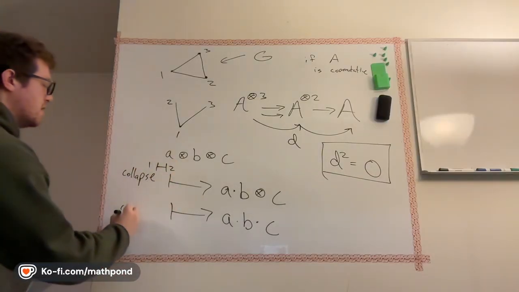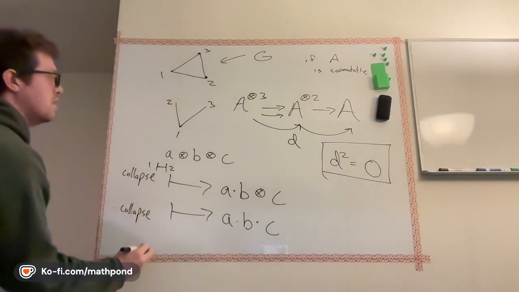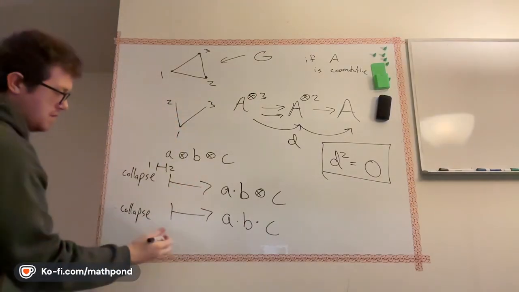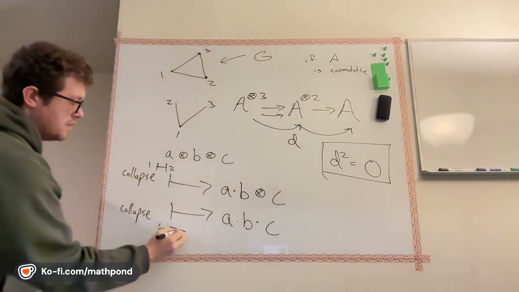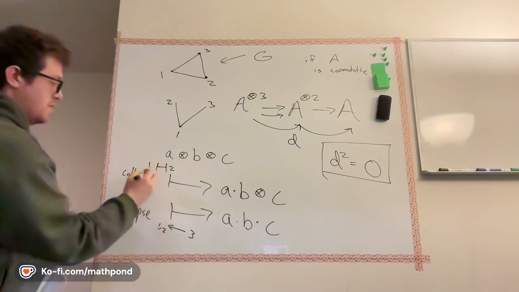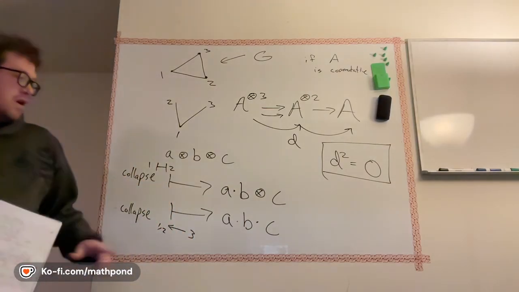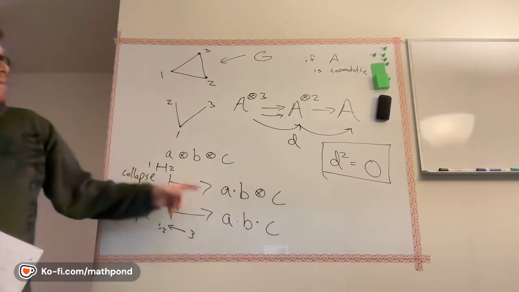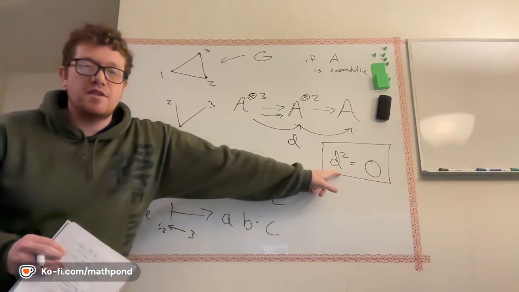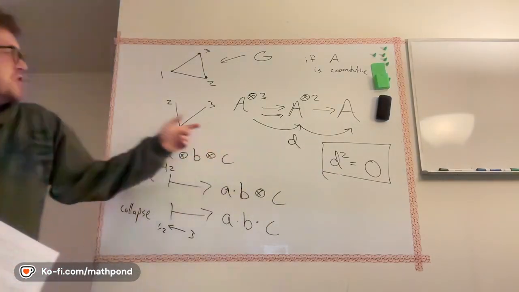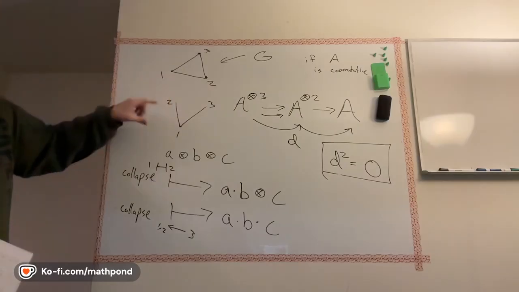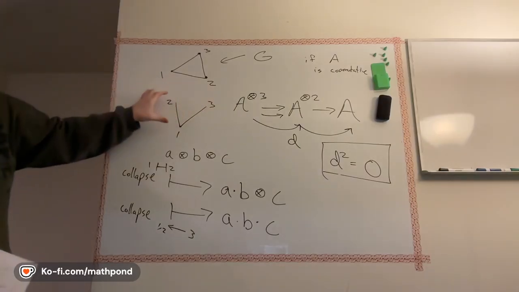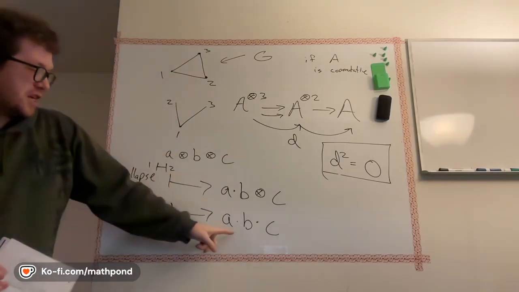And then this is collapse 3 into 1, 2. Right, so then in the end we get ABC, and in order for d squared to be 0 on the differential, the ordering shouldn't matter. So if I collapse 3 into 1 first and then 2 into 1 after, I should get the same thing.